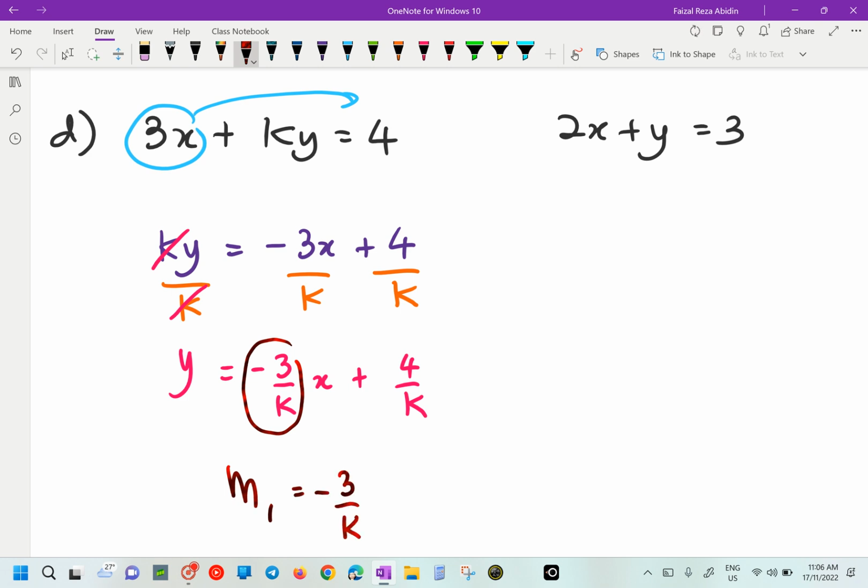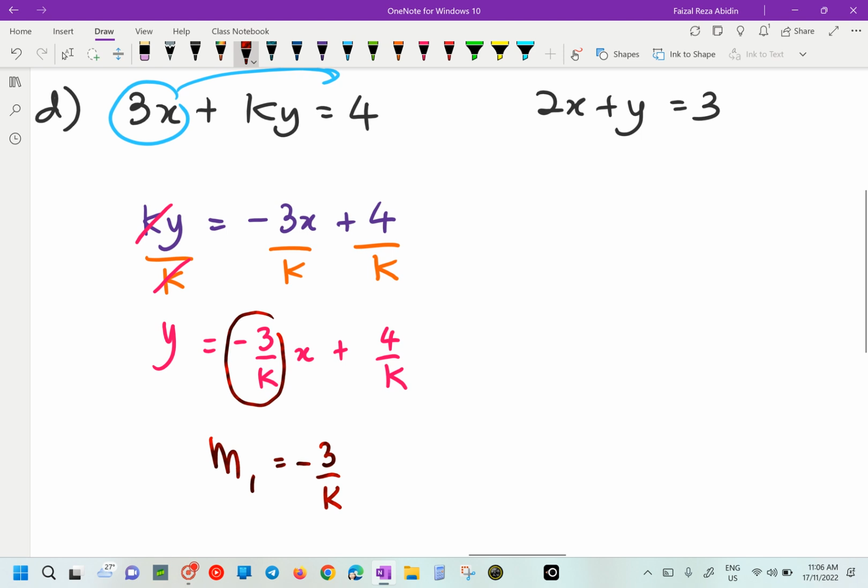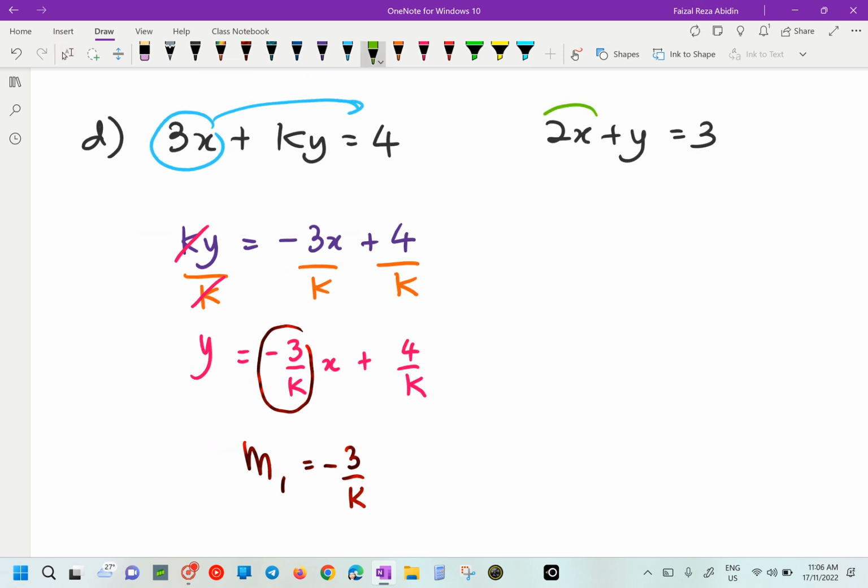Yes. Now we go for the second equation here. Straight away we are going to bring what? 2x to the right, yes. So you are going to have y equals negative 2x plus 3. Do I need to divide with anything? No need, divide by 1.